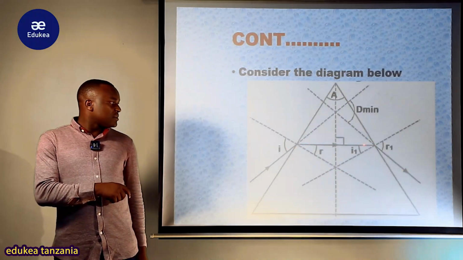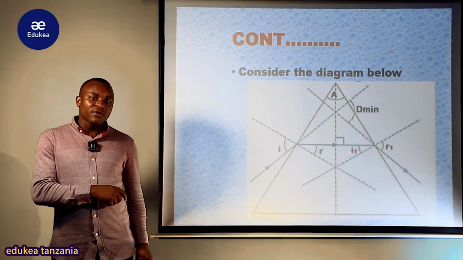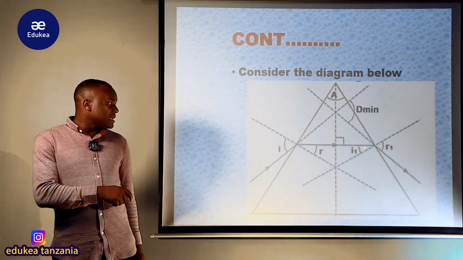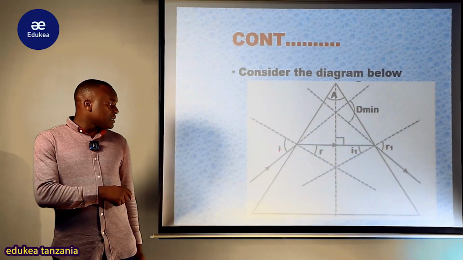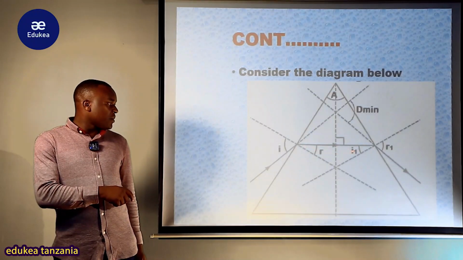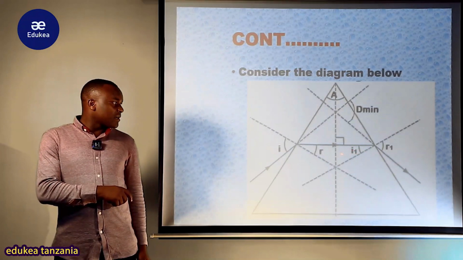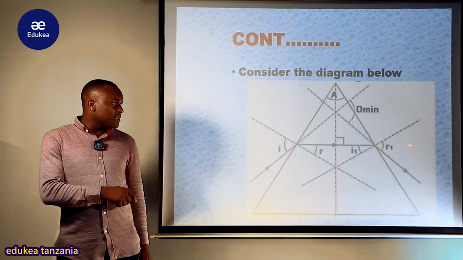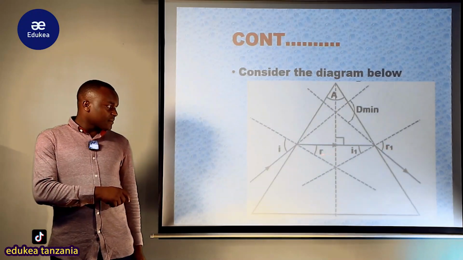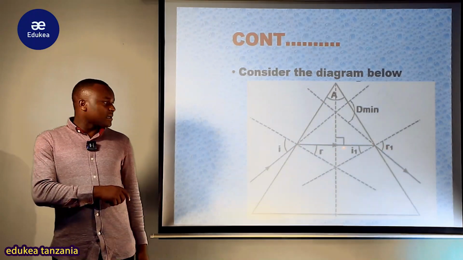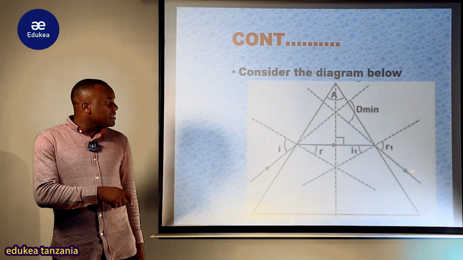So this will be also the angle of incident, but incident 1. Hii ni 0, hii ni 1. So angle of incidence after refraction na angle of refraction after refraction second. So this is emergent ray.